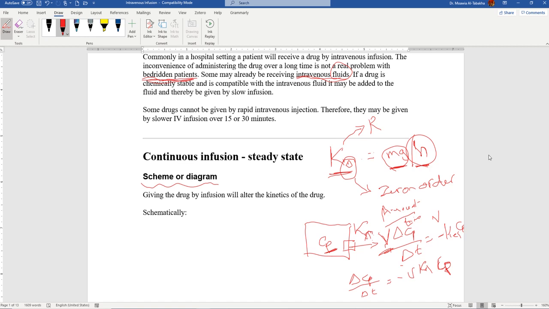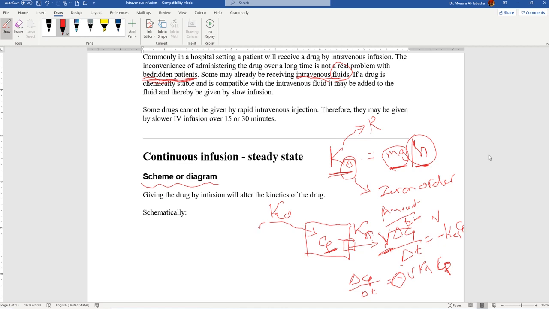Now, yes, this is correct, but we have something input, and this input is the K0, which is a zero order input that increases the concentration. We have negative output, so the drug goes outside from the compartment, but we also have something positive, the rate of input.